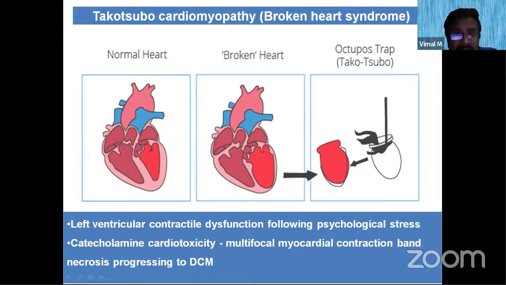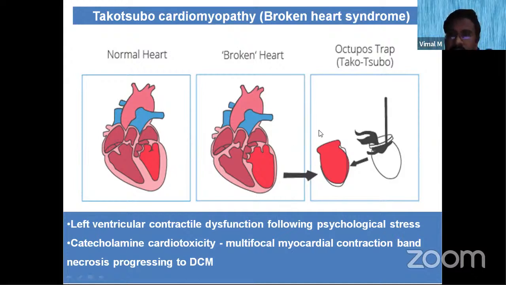That excess of catecholamines becomes toxic, especially cardiotoxic, and can damage the myocardium, causing multifocal contraction bands. These toxic changes in the myocardium progress to dilated cardiomyopathy.